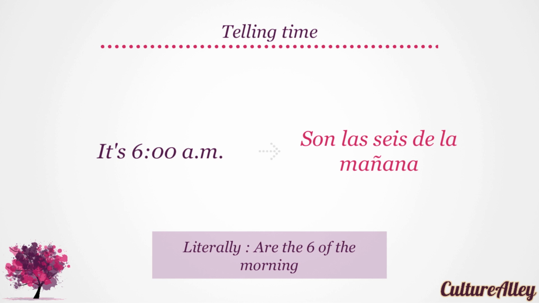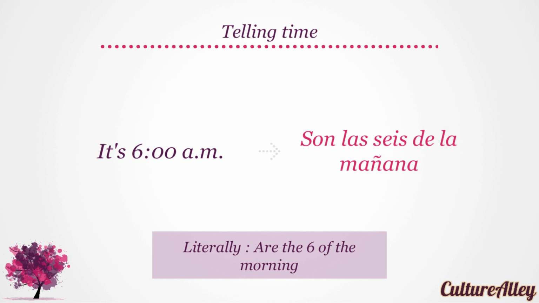Let's now learn how to tell time with AM and PM, like it's 6 a.m., it's 7 a.m., etc. It's 6 a.m. translates to son las 6 de la mañana. Try saying that. Son las 6 de la mañana. Good.